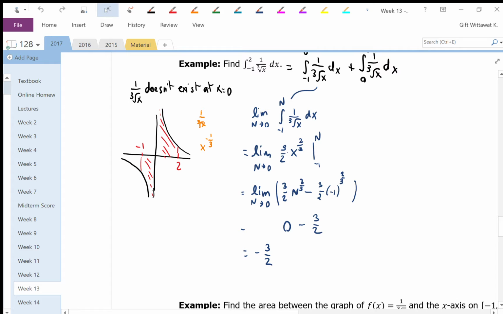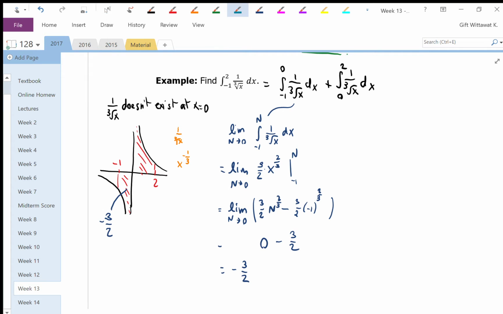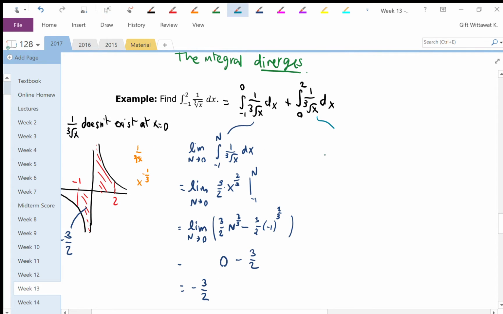Okay. So this integral represents this area, and that's going to be negative 3/2. That's not too bad. Let me now try the second half. Again, I'm going to rewrite the 0 as n, so it's the limit as n goes to 0 of the integral from n to 2 of 1 over the third root of x dx.